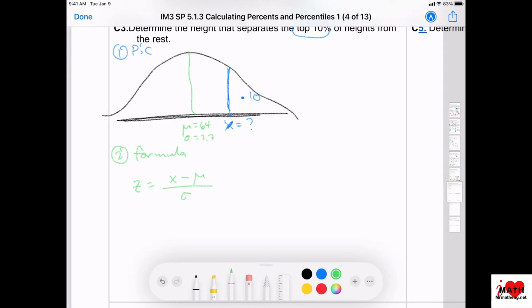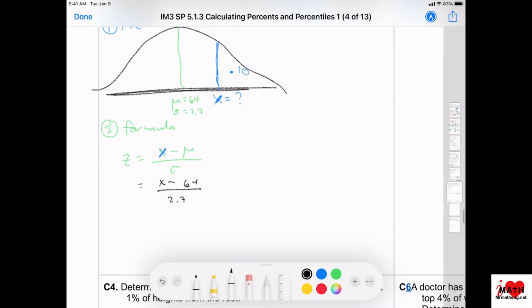Let's plug that in. So we're still trying to find x. The mean is 64. Standard deviation is 2.7. And now we basically need to go from a percent to a z-score.